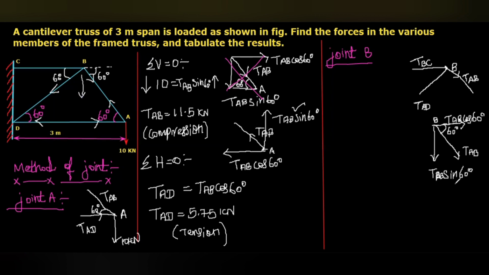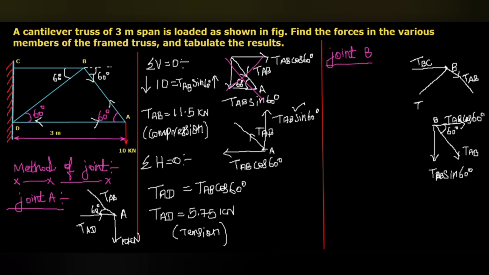So that cannot compensate this TAB sin 60. If this inclined force acts outward from the point B in the third quadrant, the TBD sin 60 will act downward, and the known TAB sin 60 is also downward. So this cannot cancel. So this TBD will not act. Just to erase this.